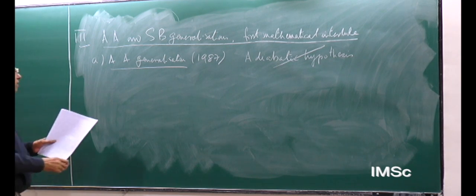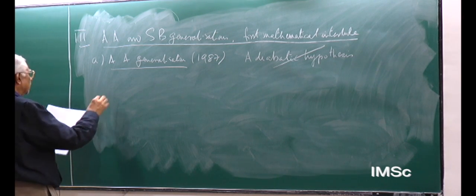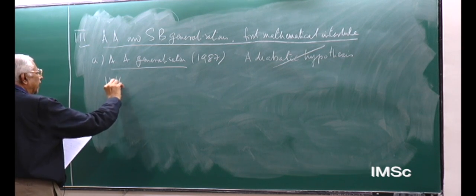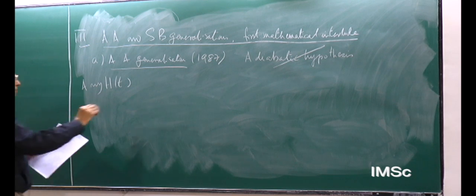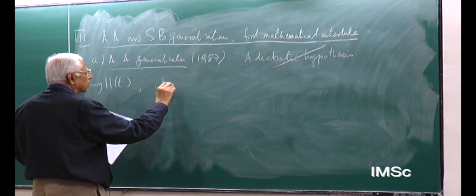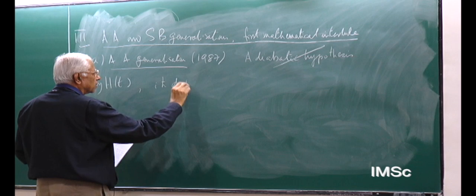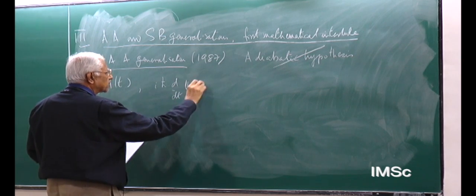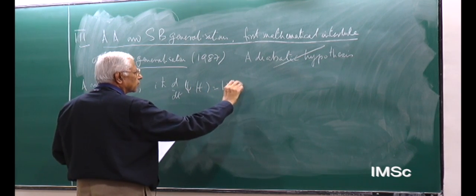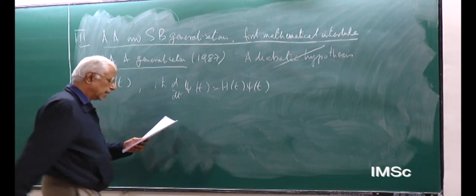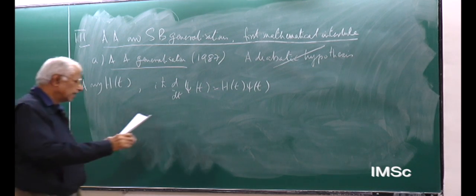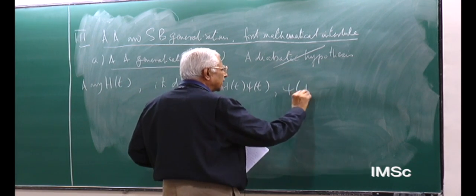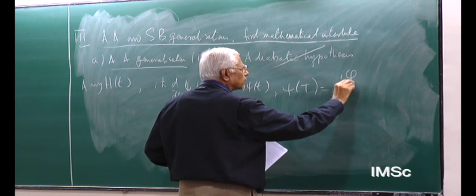After all, Berry did the first step. So here is what is involved in the Aharonov-Anandan work. You take any time-dependent Hermitian Hamiltonian, and you write down the Schrodinger equation for that Hamiltonian. And you assume by some method you have found a solution to the Schrodinger equation which is cyclic in the sense that I am writing now.